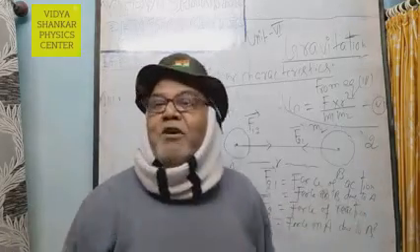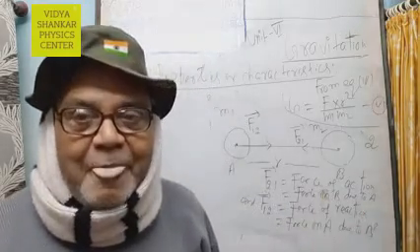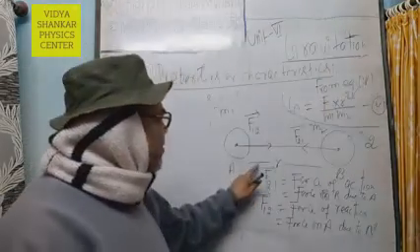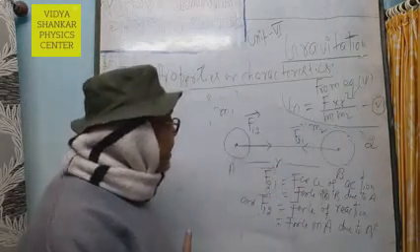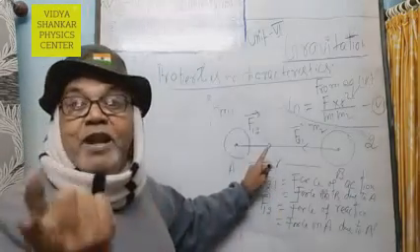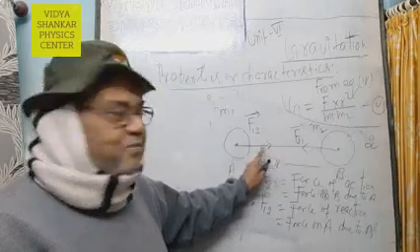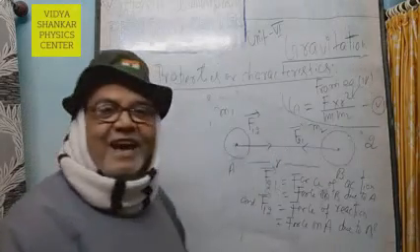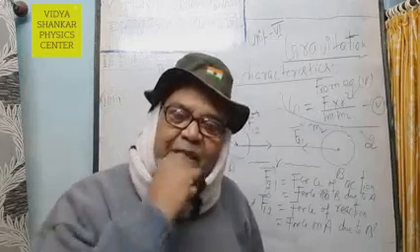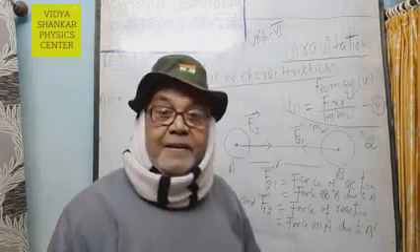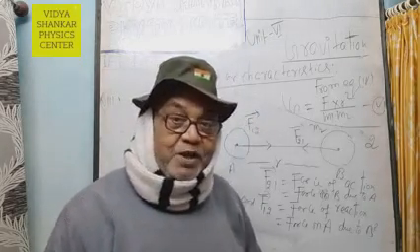What is the meaning of action-reaction pair? It is clear from the figure that both forces are equal in magnitude but opposite in direction. Automatically they obey Newton's law of motion.